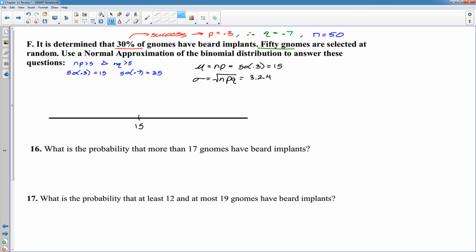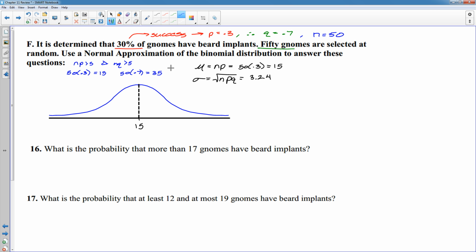So what I'm going to do is draw a normal distribution bell curve here. It's going to do something like that. And then I'm going to be picky and make this really pretty. So hang on a sec. There we go. So there's our bell curve. And then the first question asks, what is the probability that more than 17 gnomes have beard implants? So out of these 50, what's the probability that more than 17 have beard implants?